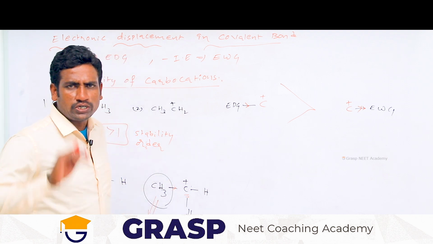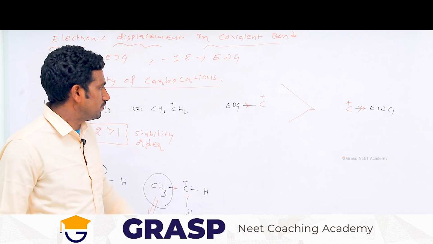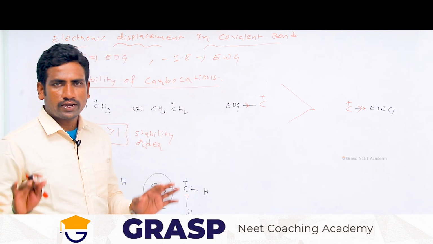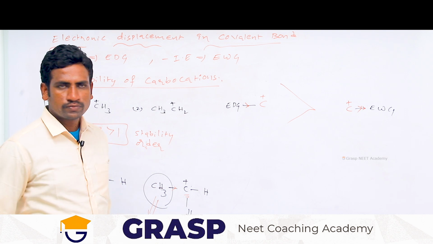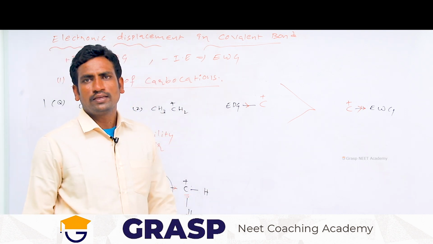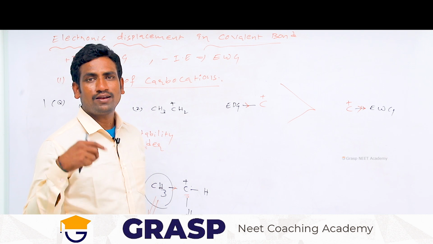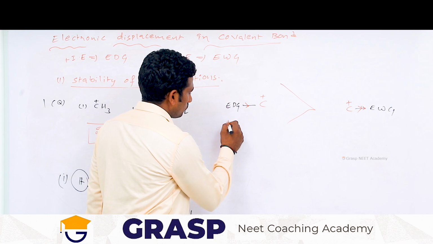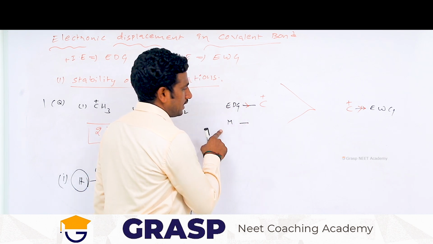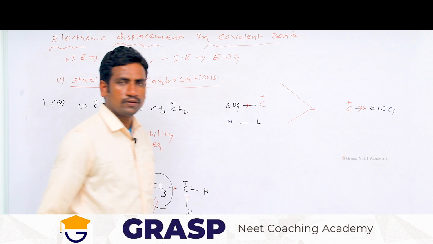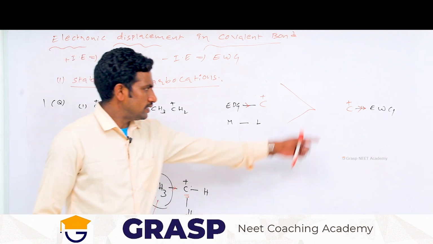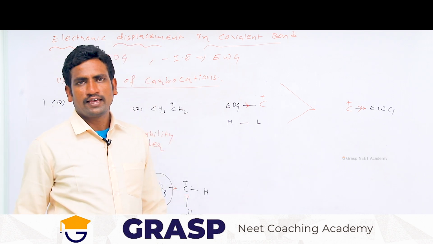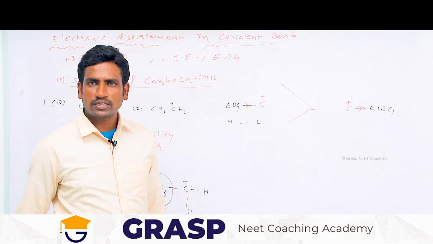If there is competition, and all carbocations are attached to electron donating groups only, how can we decide the stability of the carbocation? Based on more donors attached versus fewer donors attached. Similarly, if all carbocations are attached to electron withdrawing groups, how do you decide the stability?